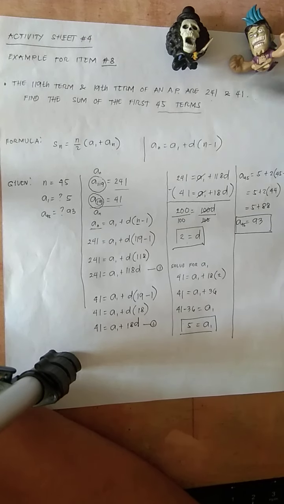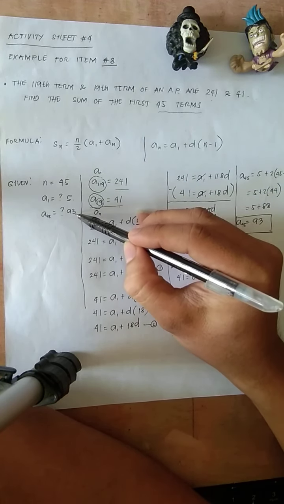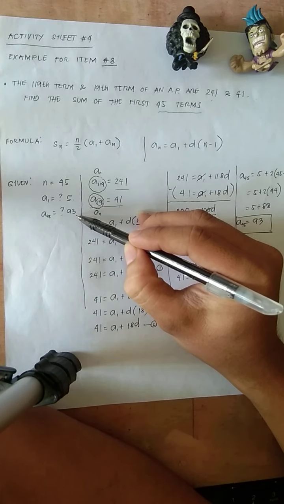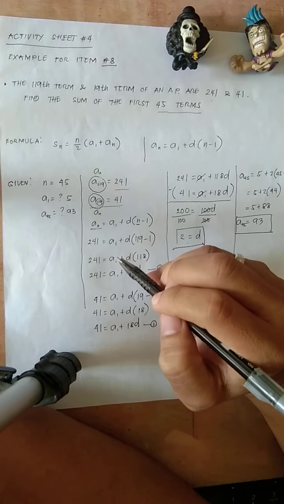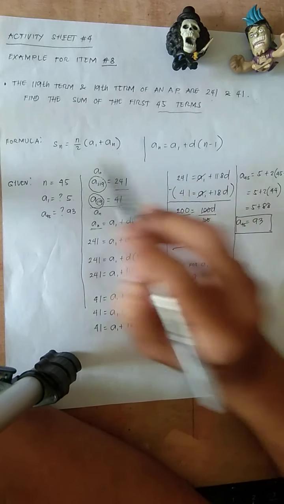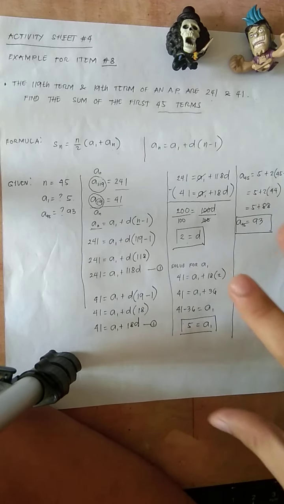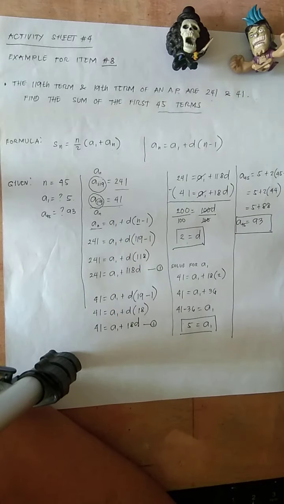Correct? Now that we already have these values, we already have the n, the a sub 1, and the a sub 45. That means we can now find the sum of the first 45 terms. So these are not our final answers. Our final answer is going to be the sum of the first 45 terms.